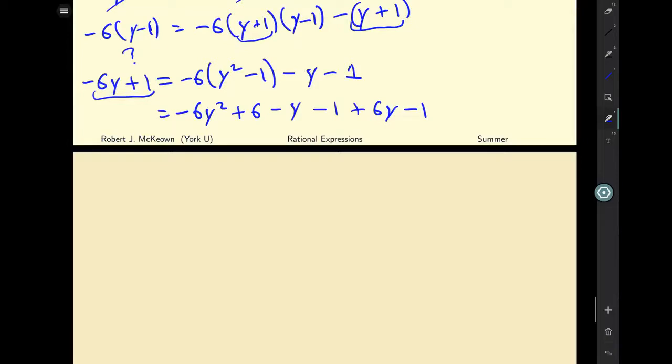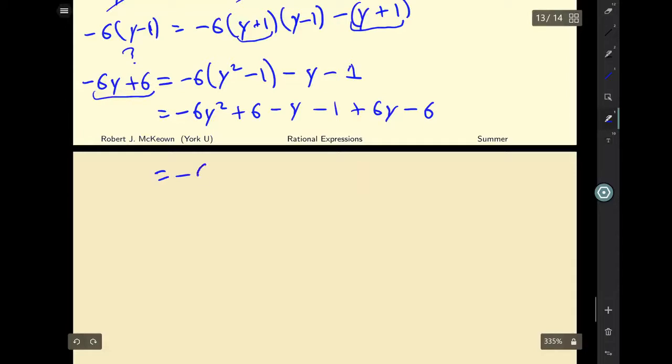And I can see right away that I've made a mistake. What mistake did I make? I was going too quickly, and that should have been a plus 6. So I want to have a negative 6 over here. Now let me collect like terms.